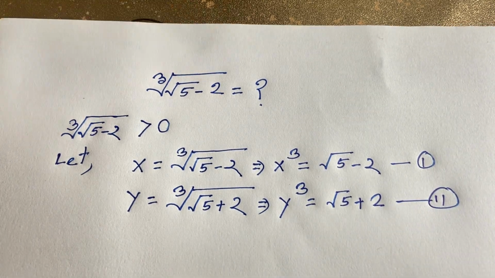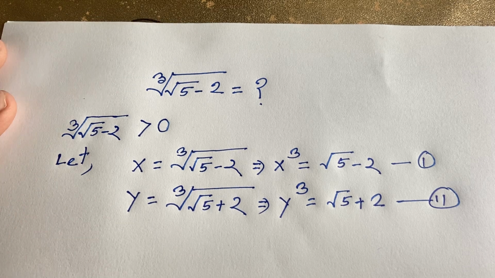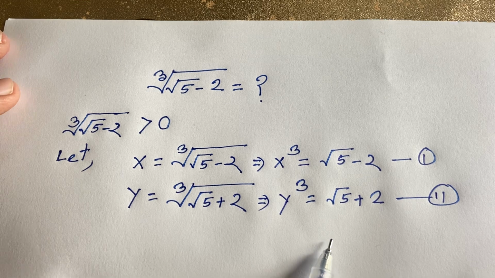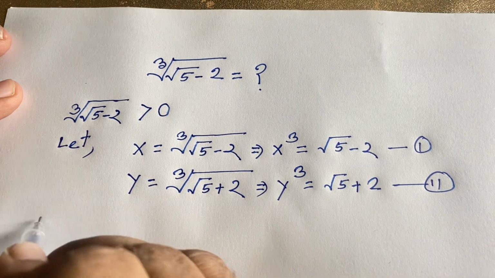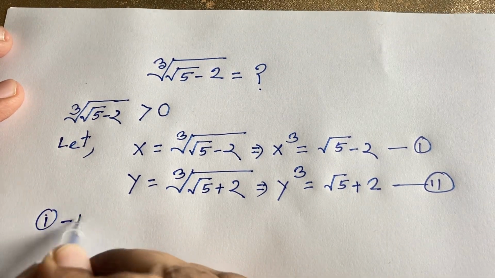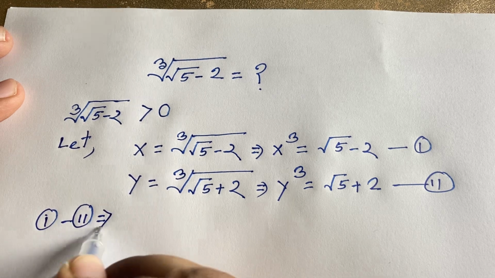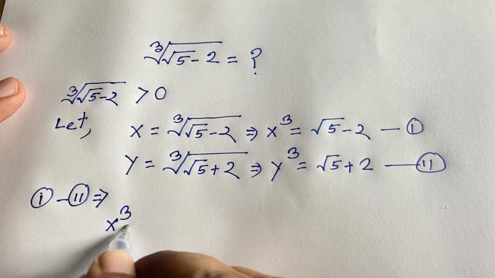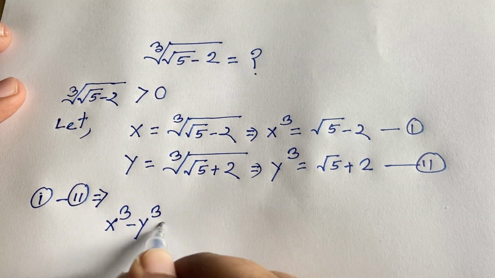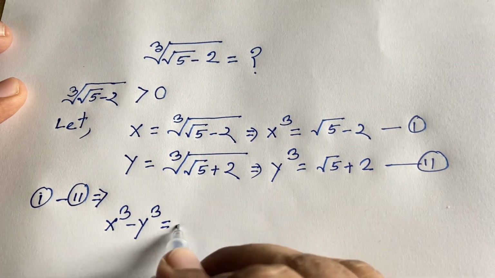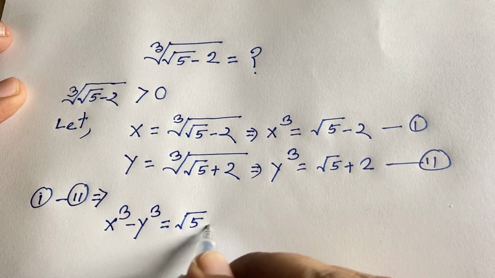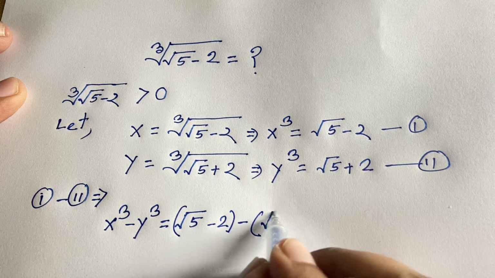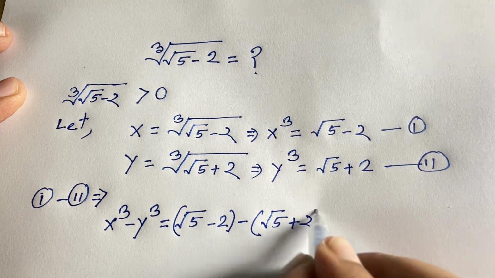So at this moment I subtract the first equation and the second equation: equation 1 minus equation 2. So x cubed minus y cubed is equal to the bracket square root 5 minus 2, minus the bracket square root 5 plus 2.